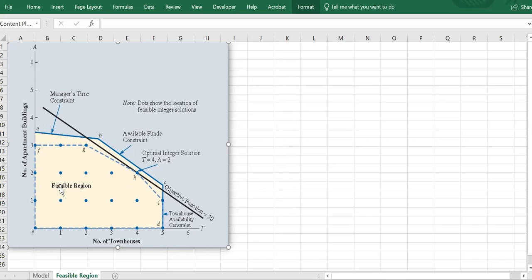Only 20 of them are going to be actually in the feasible region if we add the integer constraint. Right? So no point between these two dots is going to be acceptable. Only one of these dots is going to be feasible with the integer assumption for the decision variables.